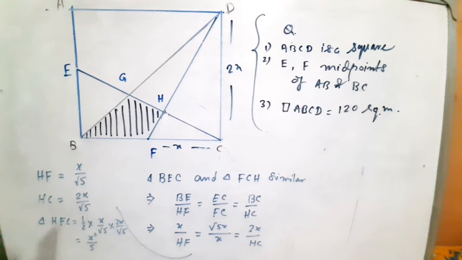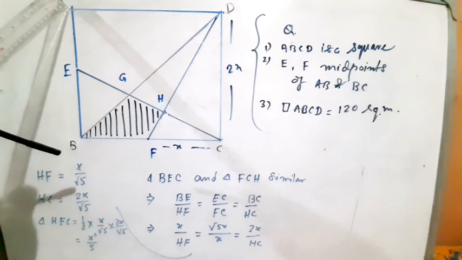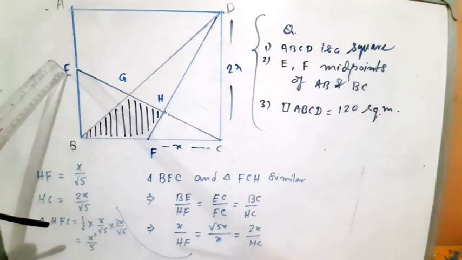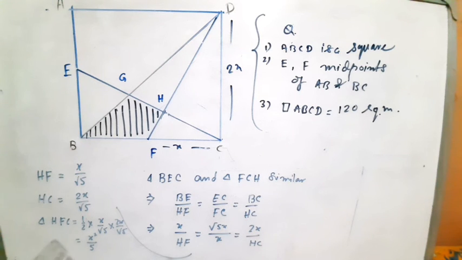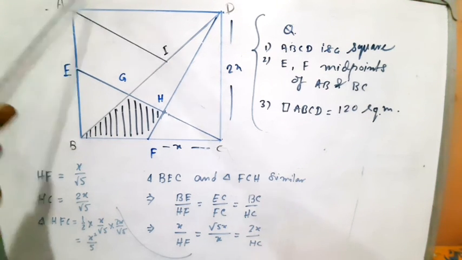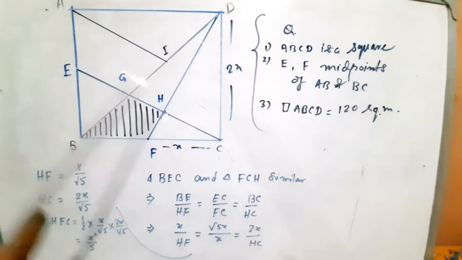Here is a very interesting point we have to remember. CE is connected. So if we draw a line parallel to CE, it will intersect diagonal BD. AI is parallel to CE.